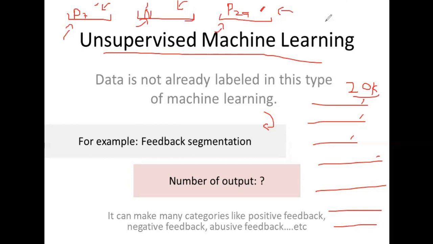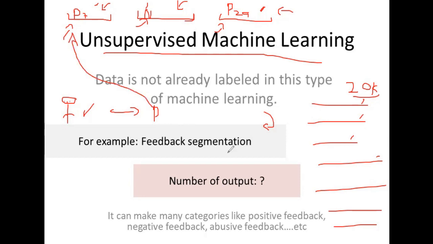Now we know each feedback, and let's say our customer comes to our restaurant and says that the food was very good. I am not using any human to classify this feedback; I am using my model. It will say, okay, this is a positive one, so it will go in this category, and so on.